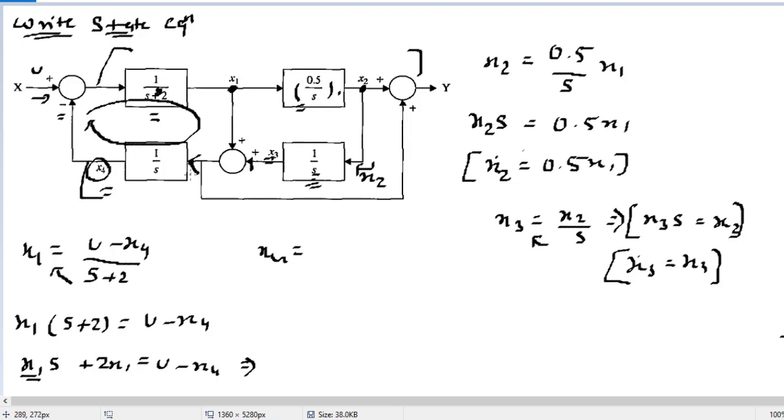This one enters in this fashion, and it has x1 and x3, which have positive signs as mentioned here. So we can write x1 plus x3 by s, which simply becomes x4 dot equals x1 plus x3.